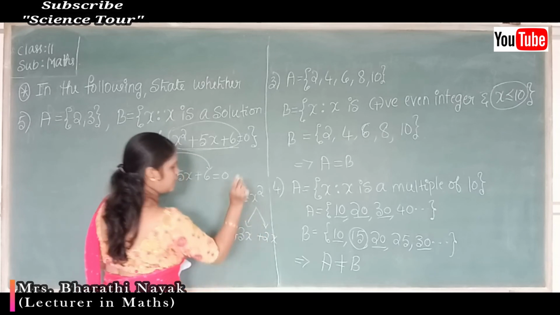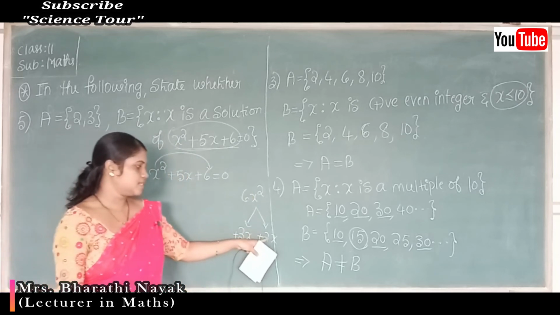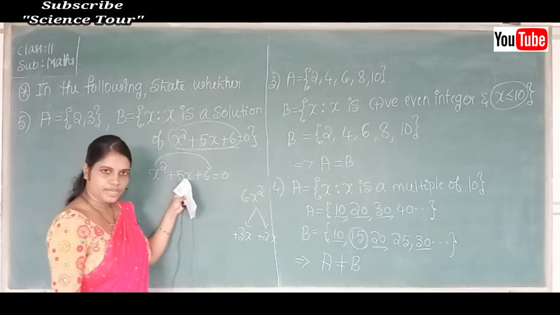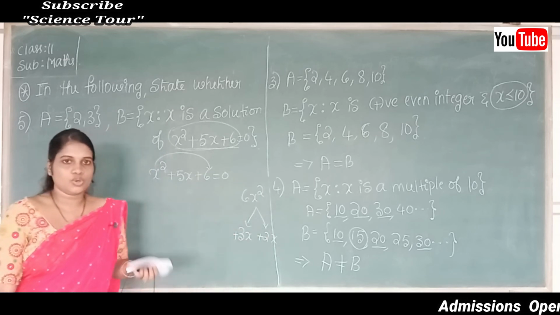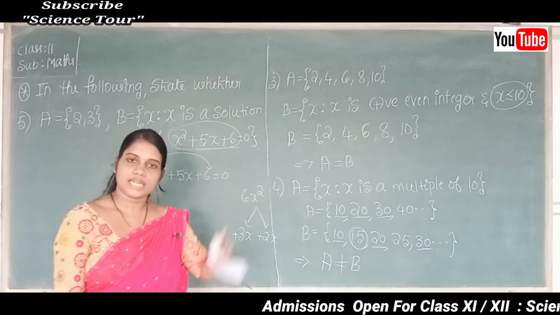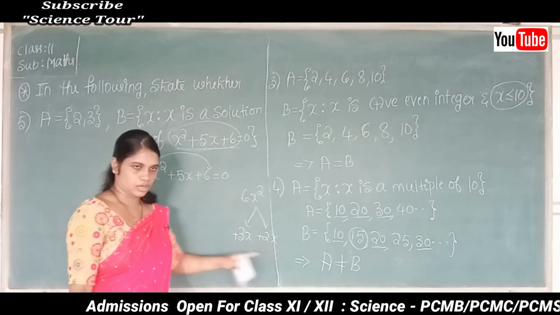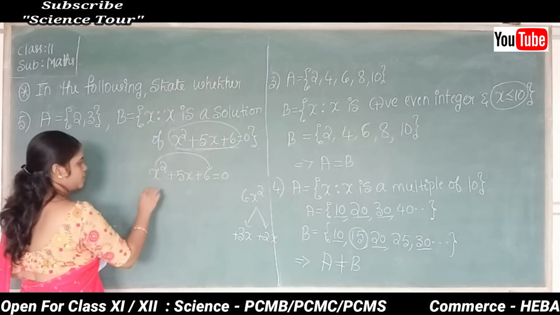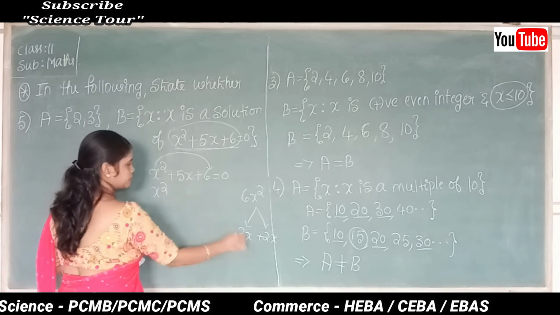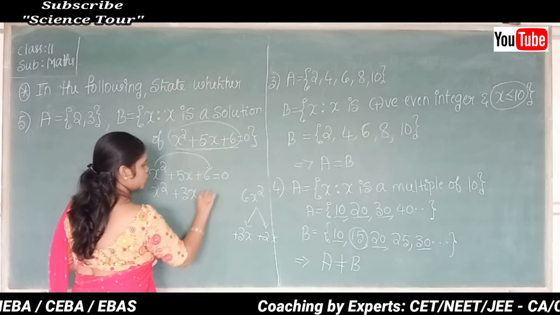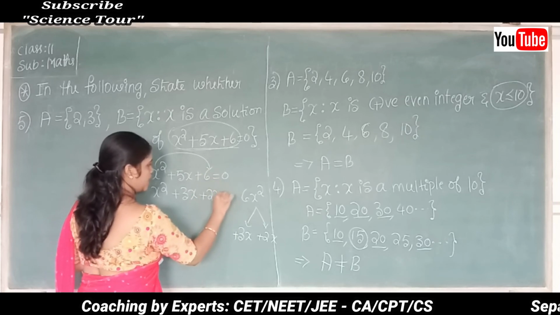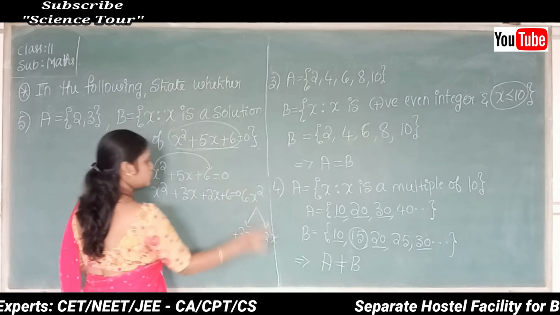Plus 3x and plus 2x. 3x plus 2x equal to 5x. 3x into 2x is equal to 6x square. Correct now? So which are the two factors? 3x and 2x. Okay. Yes. So I'll write, simplify first. X square plus 3x plus 2x plus 6 equal to 0.